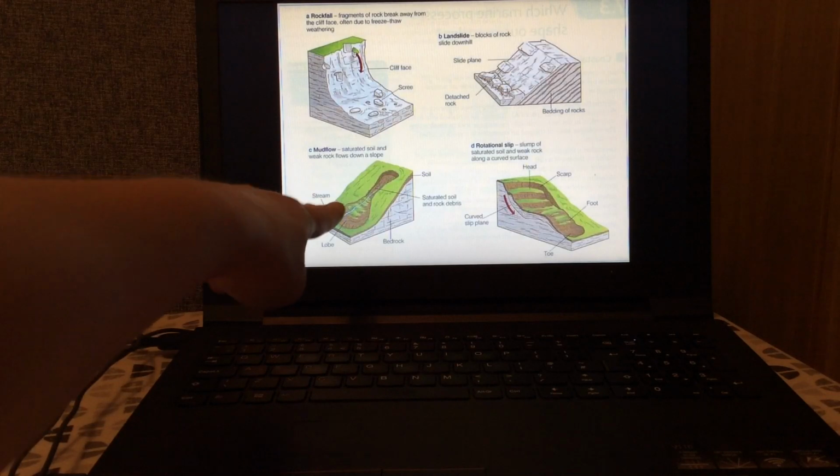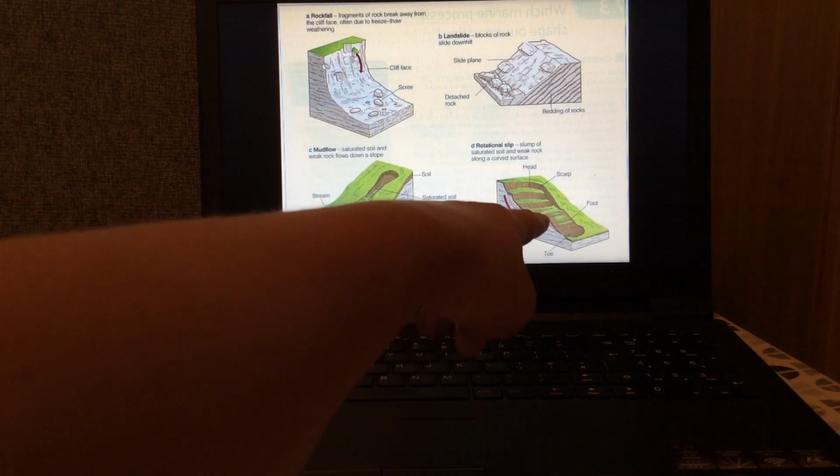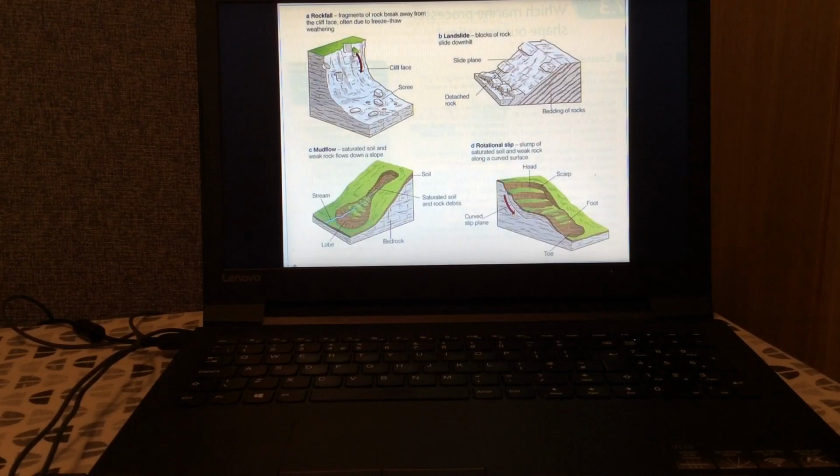The third one here is mud flow. If soil becomes so saturated, so soaked, because it's rained exceptionally heavily for maybe a month, then the soil can become saturated and it just flows down the hill. A mud flow. And then the last one here, which is what we've just seen in the photo, is called a rotational slip.